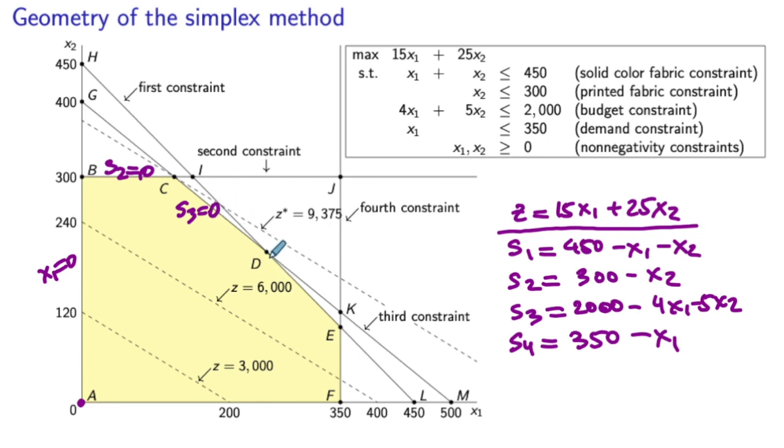Okay, so then the next line corresponds to the first constraint. This is the set of points where the first slack variable is equal to 0. Then the fourth constraint corresponds to this line. We have s4 is equal to 0 here. And finally, for the last line, we have x2 equal to 0.